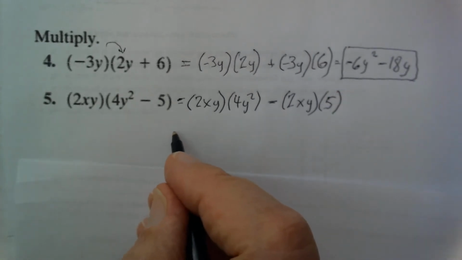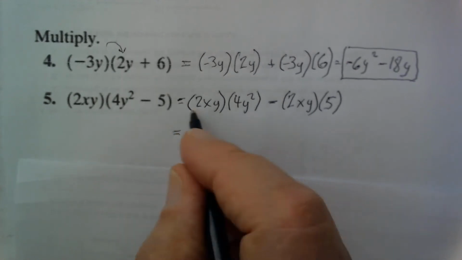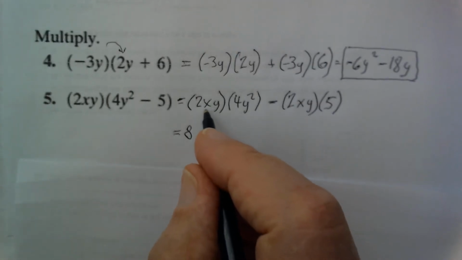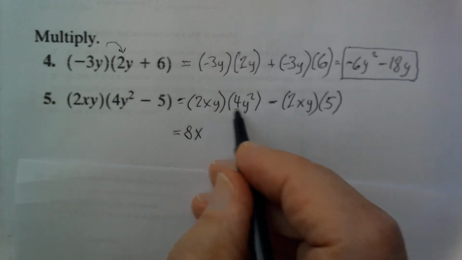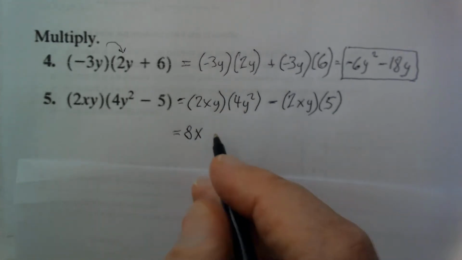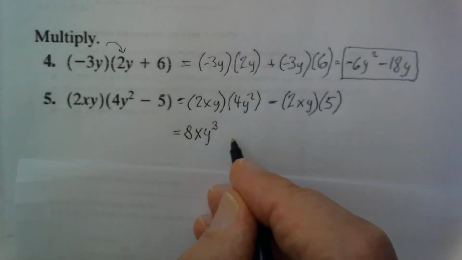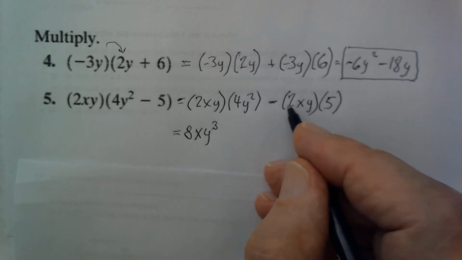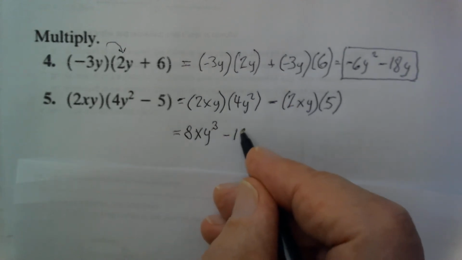And then what we've learned from above, how to multiply monomials, we multiply the coefficients. 2 times 4 is 8. And there's 1x. And then y times y squared would be y to the third. And now we multiply 5 times 2 is 10, but there's a minus sign, so it's minus 10.